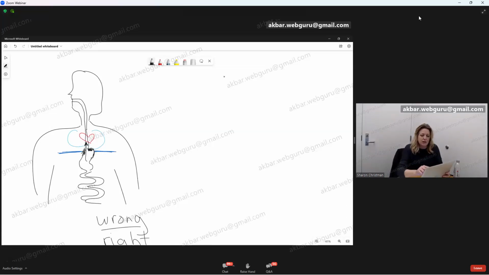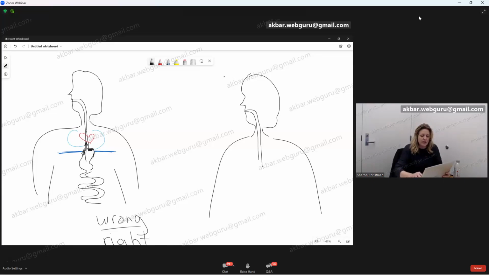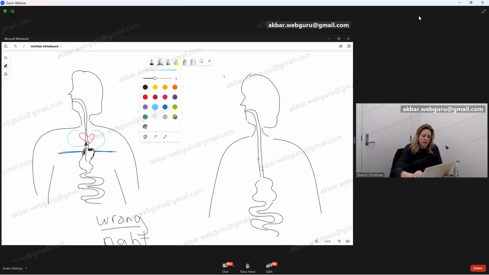So now let's talk about dumping syndrome. Dumping syndrome is a function of weight loss surgery. So here we have again our esophagus, and this goes down into the stomach and then down here. I'm not going to bother to draw everything here because it doesn't matter so much. Just know that that's the diaphragm.